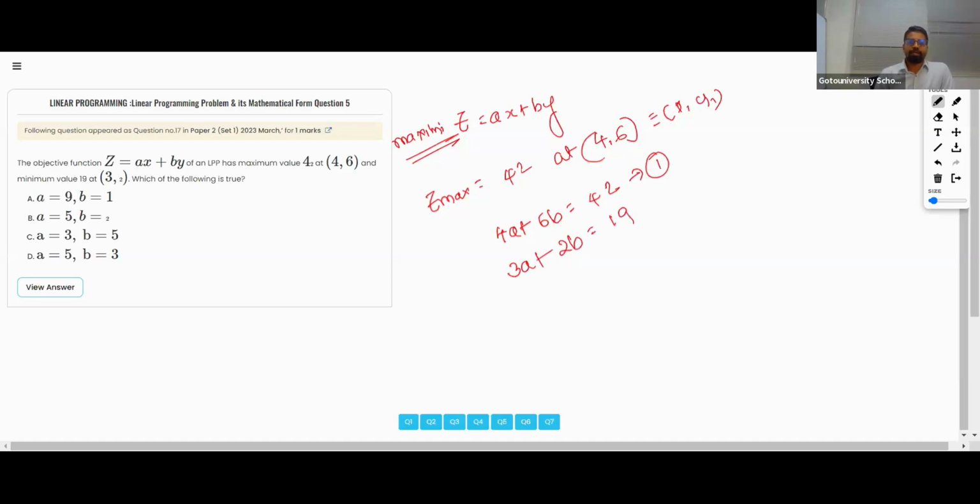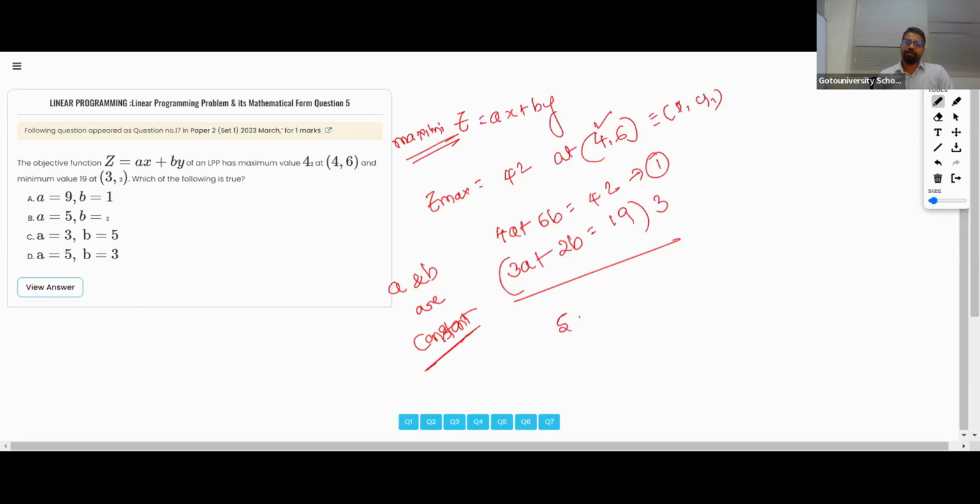So what is the value of a and b? See, x and y are variables, whereas a and b are constants. That means once you know their value, they will never change. That's why we use these variable values of x and y to find the actual constant values of a and b by the normal equation-solving method. So when you want to solve this, you multiply this by 3 and subtract.